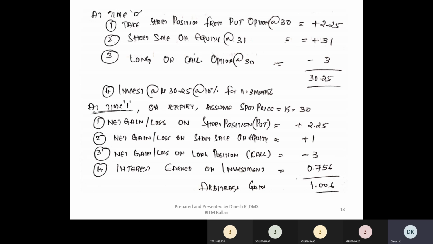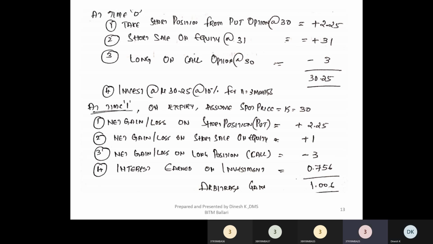Short sale on equity. When is it that you will be making a loss? What change in the price will make you a loss? When I say change, is it an increase in the price or a decrease in the price?